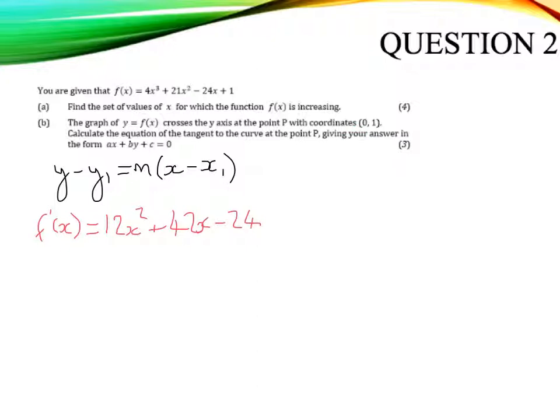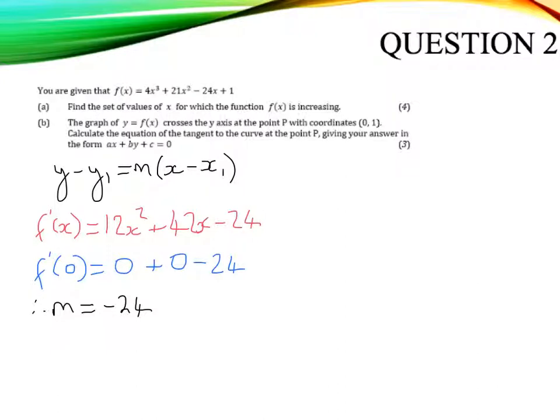So let's work out what it would be if I substitute 0 in. Well, 0 squared is 0, multiplied by 12 is 0, so I've got nothing, plus 42 times nothing, nothing, minus 24. So the gradient from this, we can say that m is minus 24. So therefore m is minus 24.